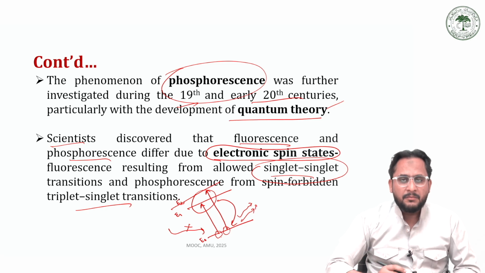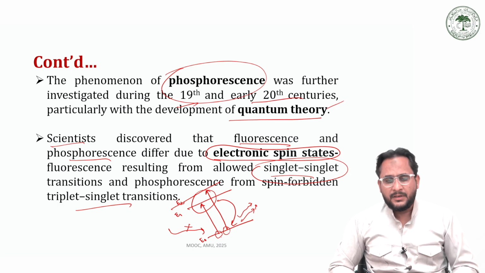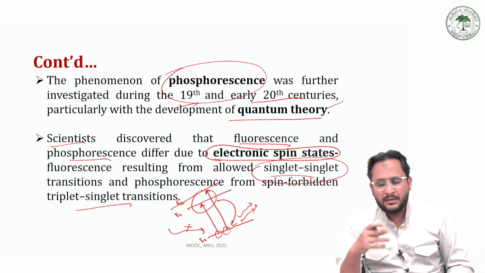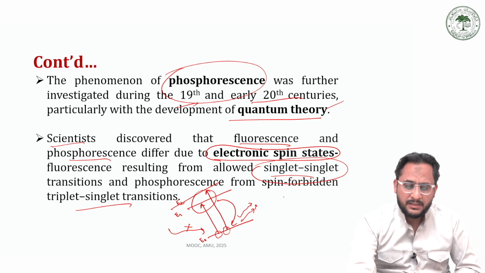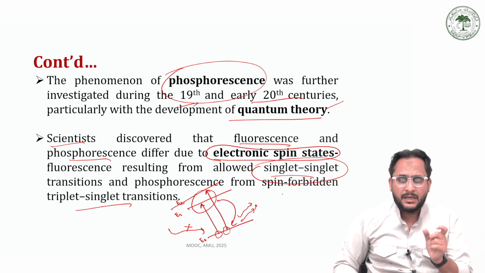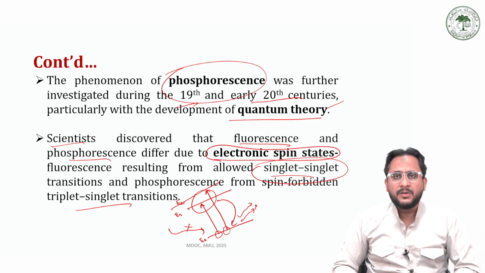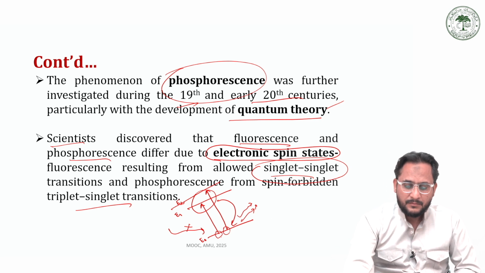If this is the instant light, the moment we stop it, instantaneously there will be no light emission from the sample. But in case of phosphorescence, the excitation involves a triplet state as well, and how that triplet state is involved, I'll tell you in the next slide. The transition starts from singlet to singlet, and then from singlet the electron goes to the triplet state, and then finally it comes back to singlet.